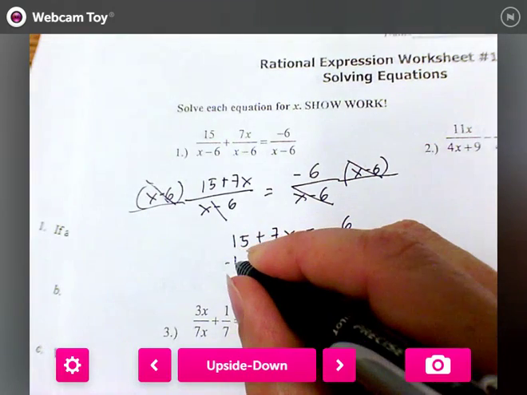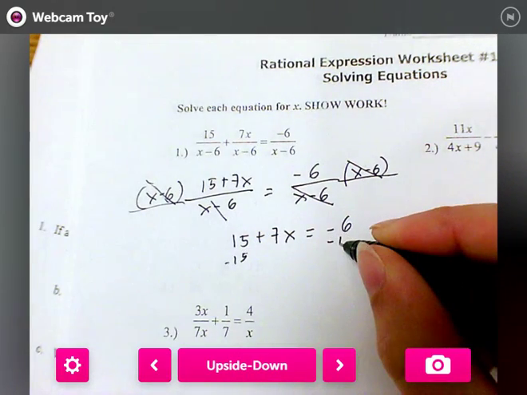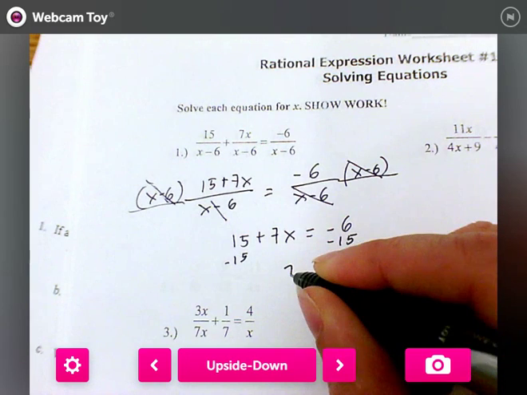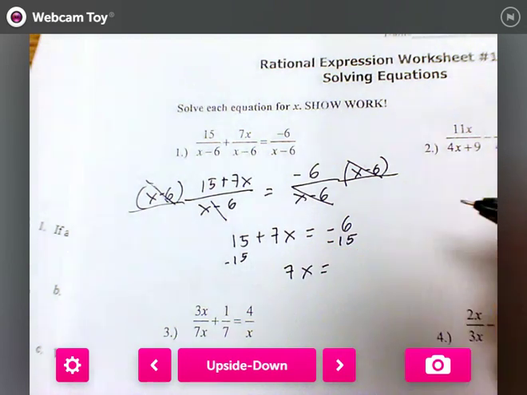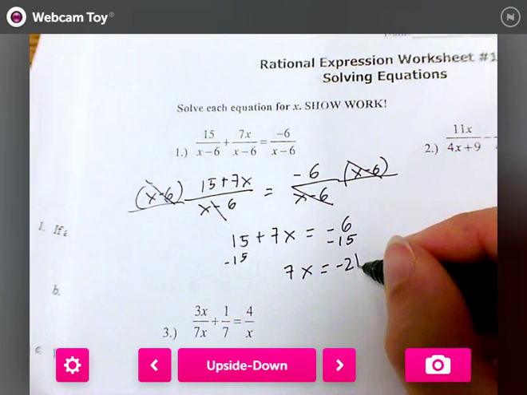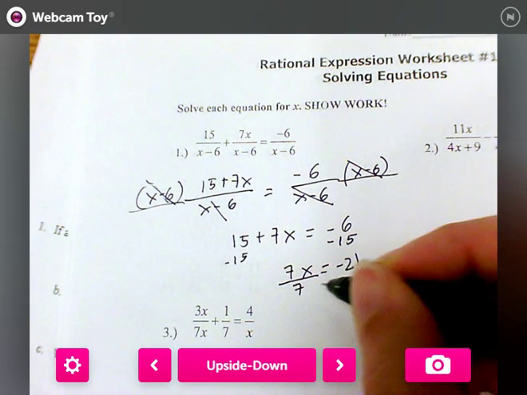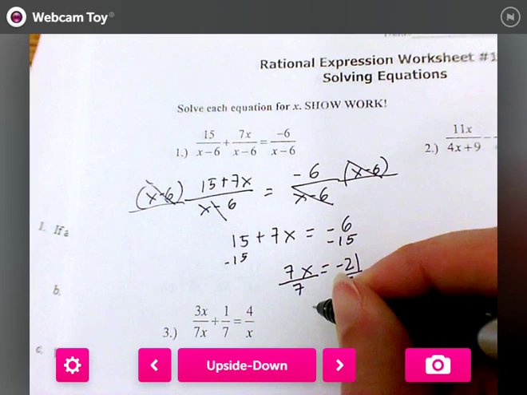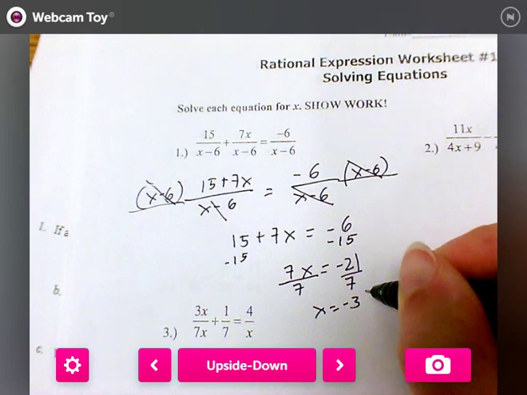Now I can subtract 15 from both sides, and I get 7x equals negative 21. I divide both sides by 7, and I get x equals negative 3.